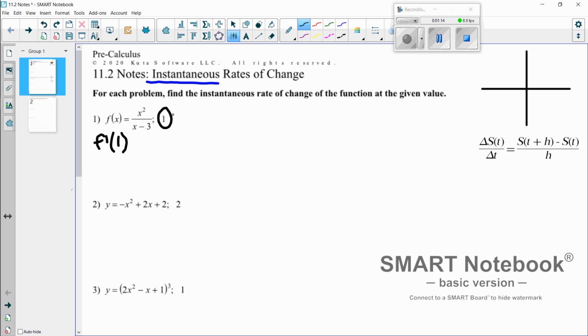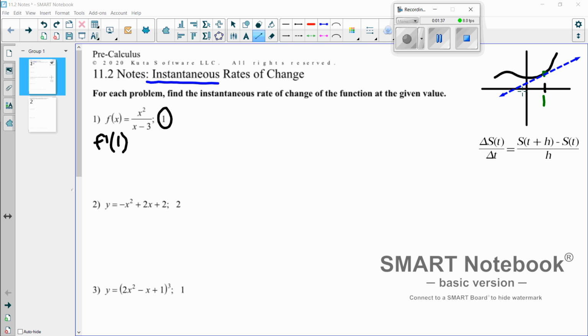What I did want to talk about a little bit is this word instantaneous. Where does that come from in terms of calculus, in terms of the real world? Well, it does come from the definition of the derivative. I drew this picture here, which is just a visual of the derivative.